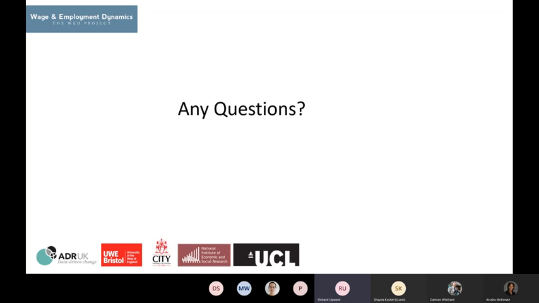It would seem that HMRC already provide the PAYE reference numbers to ONS, to the employers, to ask them what their employees earn. And I just think that if HMRC are now making information available to ONS directly, is there potential there for WED to push for a linking with HMRC data?